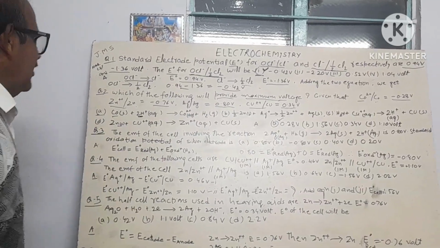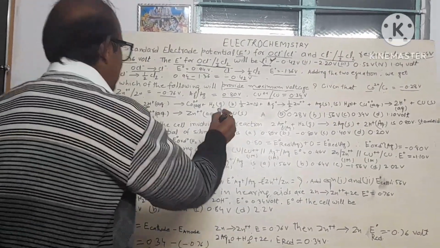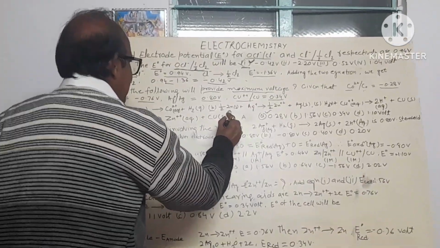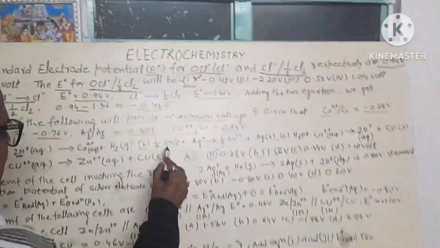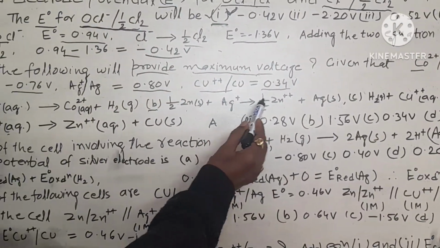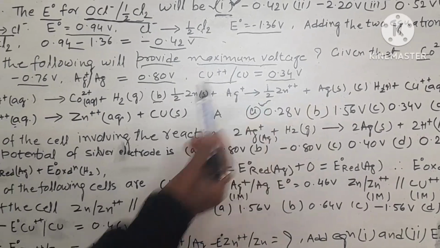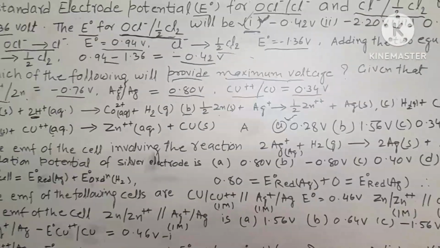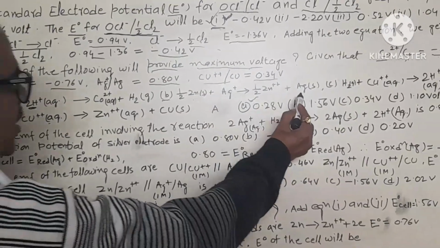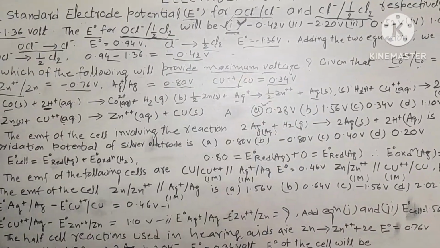Now for the second cell. The second cell is Zn solid plus Ag plus converting to Zn 2 plus ion plus Ag. First we find out which one is the cathode. Here you can see Ag plus is converting to Ag. This is the cathode.